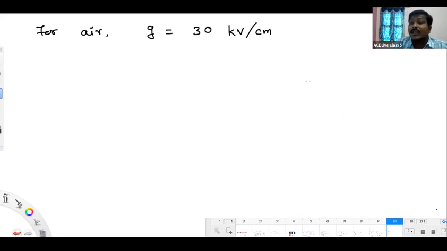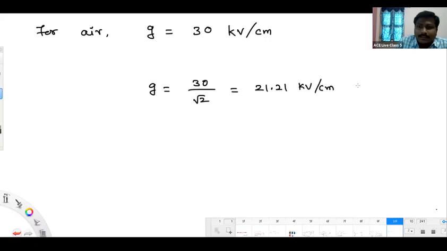30 by root 2 kilovolt per centimeter RMS. Like that also the people will write. And this the people will say as a peak value. So I am saying G equals 30 by root 2, which is 21.21 kilovolt per centimeter RMS. Let me give clarity.